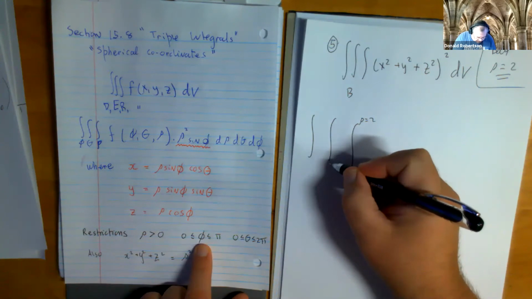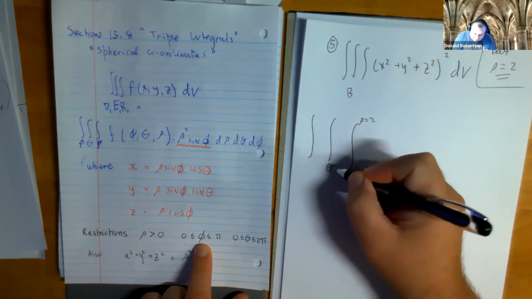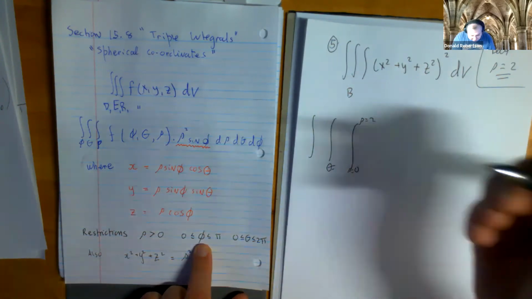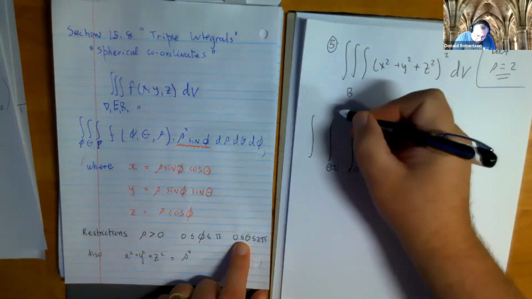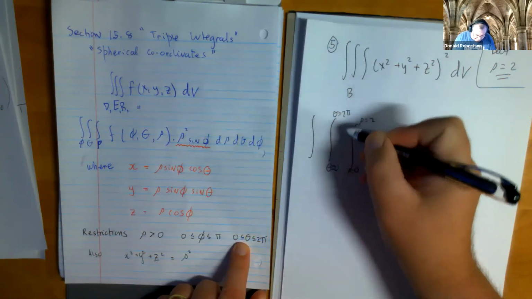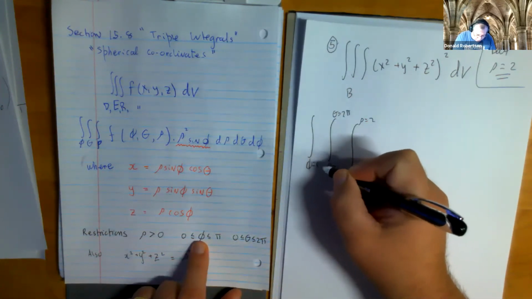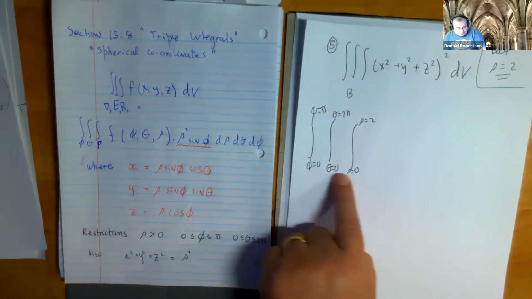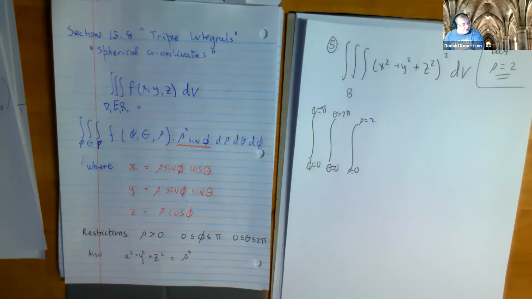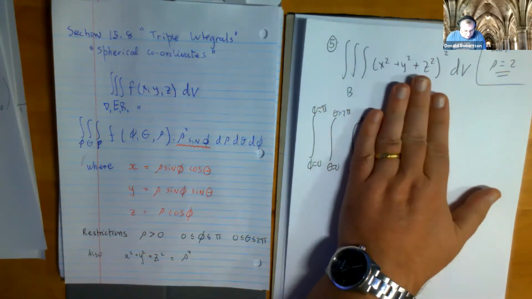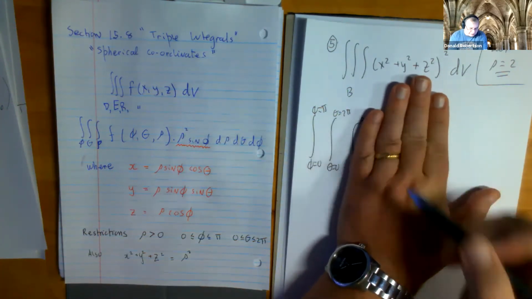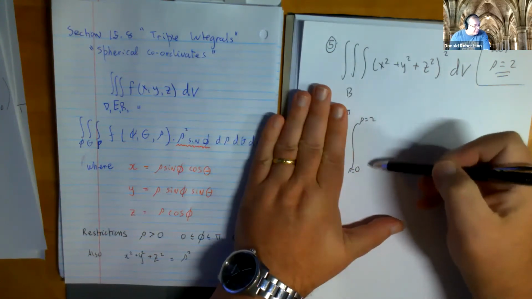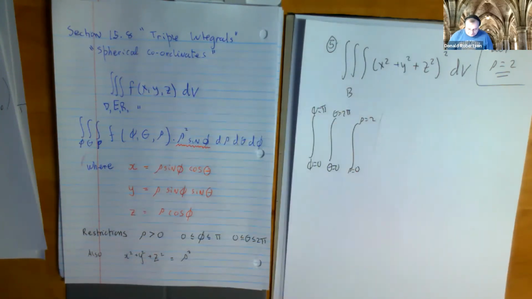Since it's an entire sphere, theta is 0 to 2 pi, and phi only goes 0 to pi. Are you comfortable with these? They're basically pretty standard. Those two, for instance, are pretty much always the same. And doesn't this one just depend on how big the sphere is?